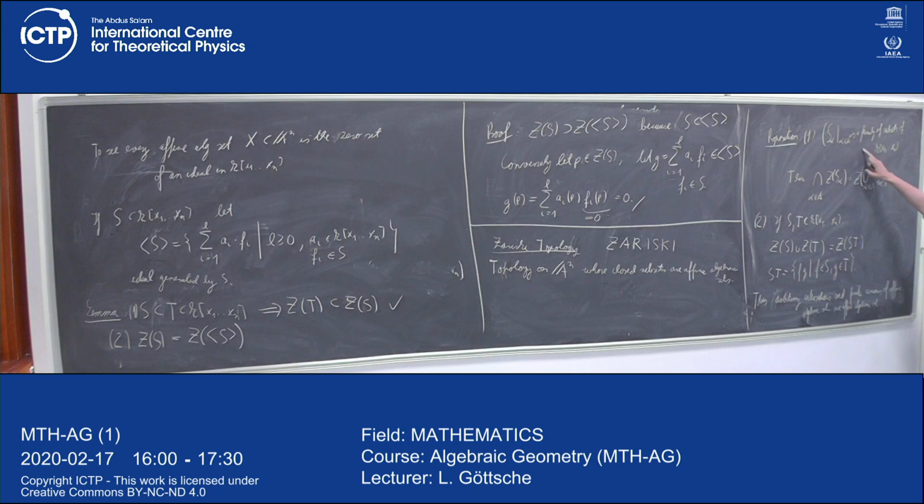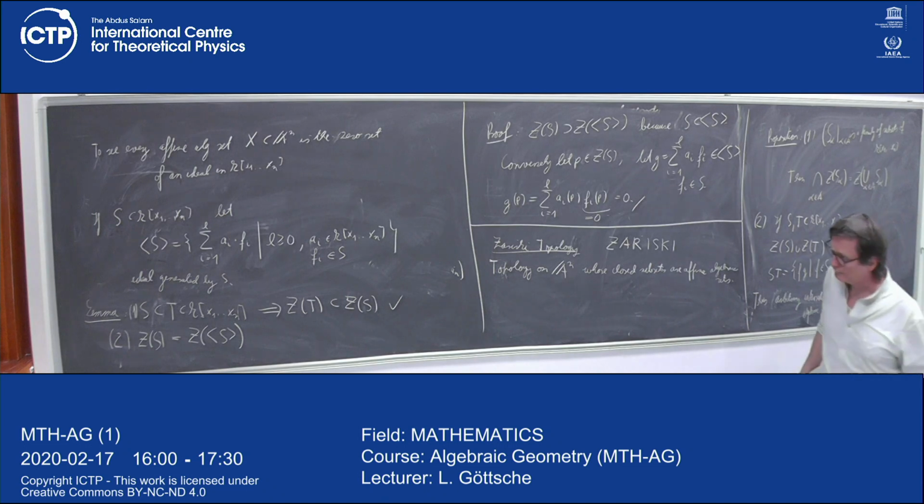Because the first statement directly says that arbitrary intersections of affine algebraic sets are algebraic sets, and this says that the union of two affine algebraic sets is an affine algebraic set, and therefore by induction any finite union of them is.